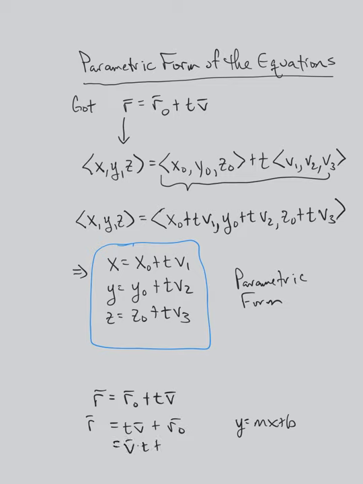Notice its similarity. M gave us direction; now v gives us direction. T is our independent variable, so that's like the x. And then r naught is a point on the line, so that's kind of like the b. So they have the same form. I know it doesn't perfectly line up, but I'm just showing you the similarity.